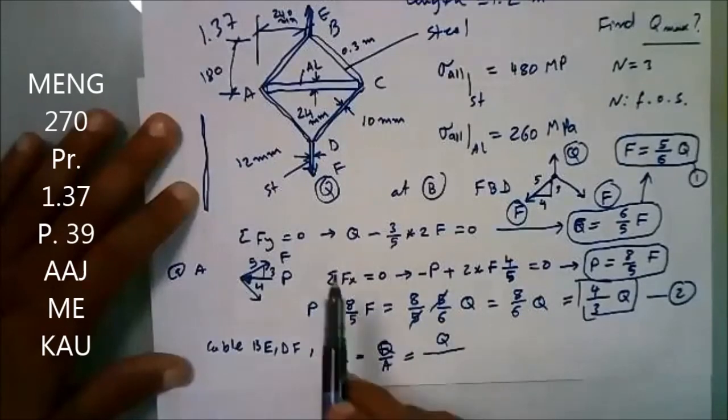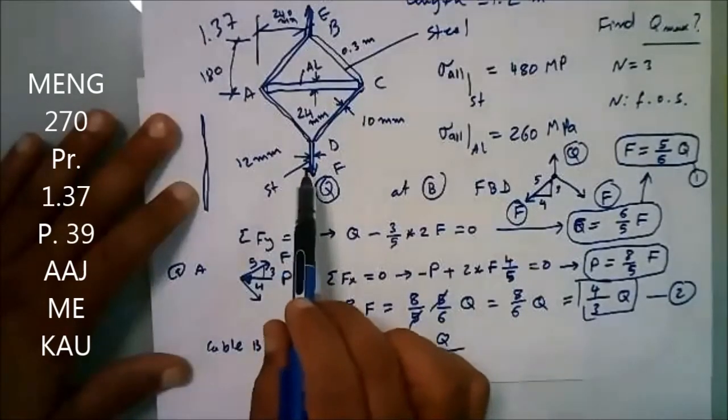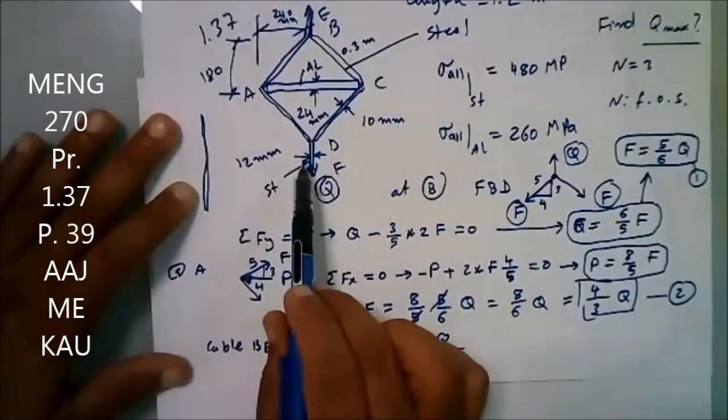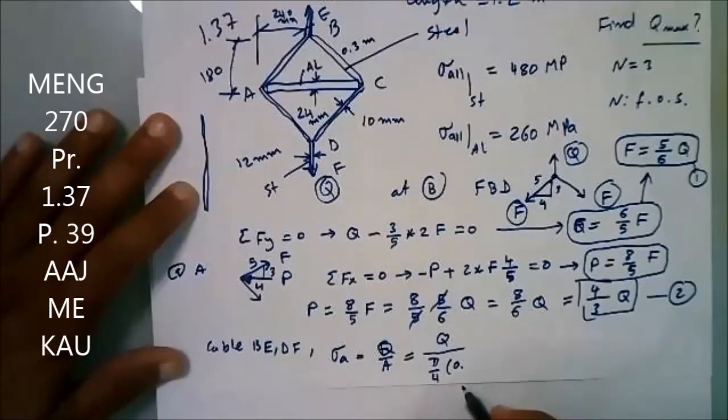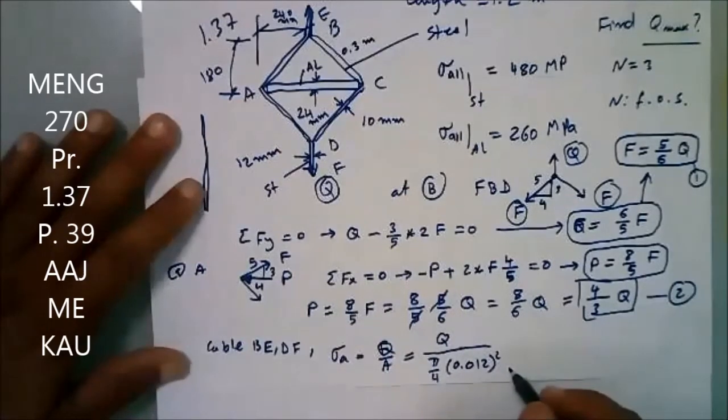What is the area of this rod here? Pi over 4 times 12 squared. We use everything in meters, so 0.012 squared.